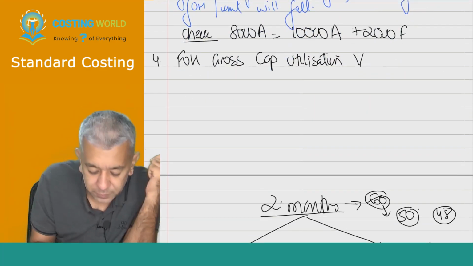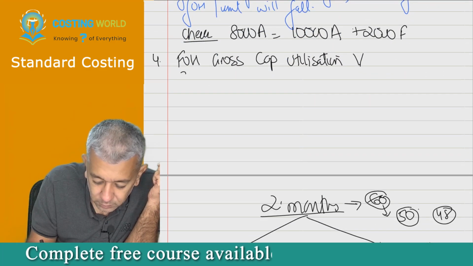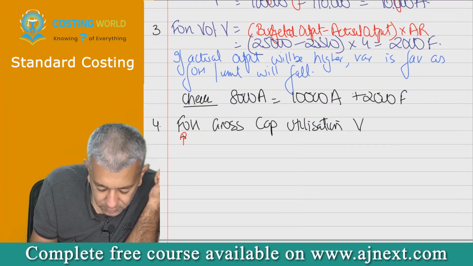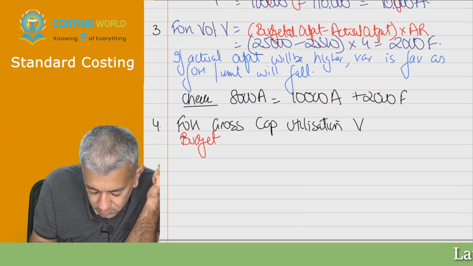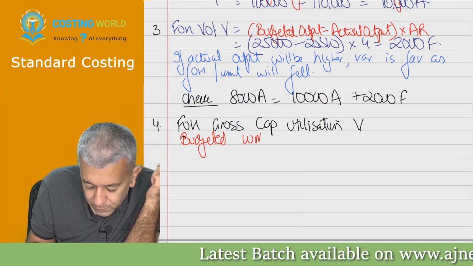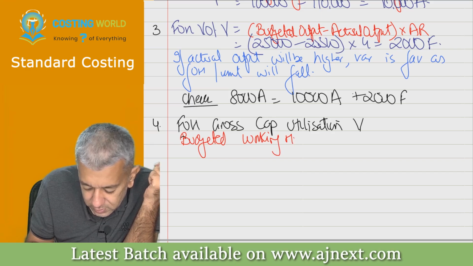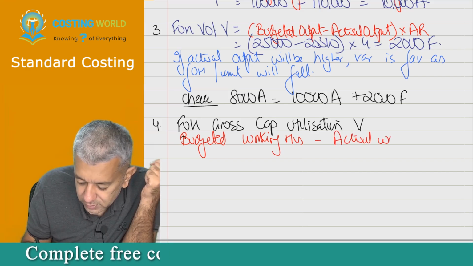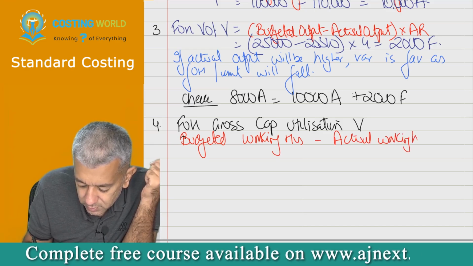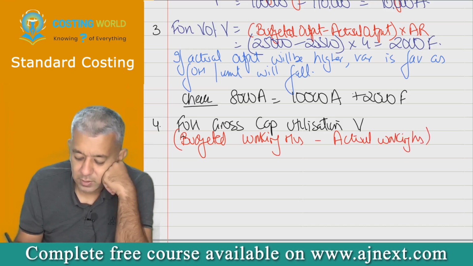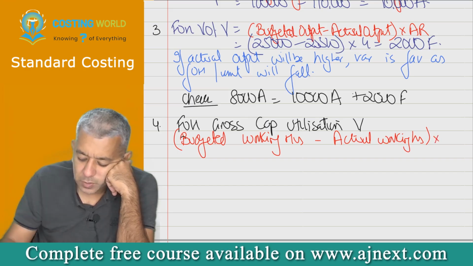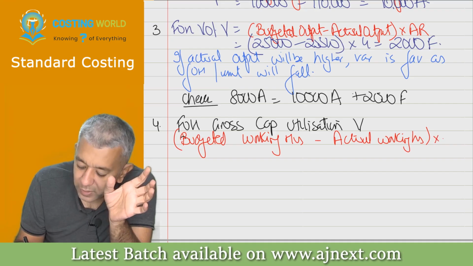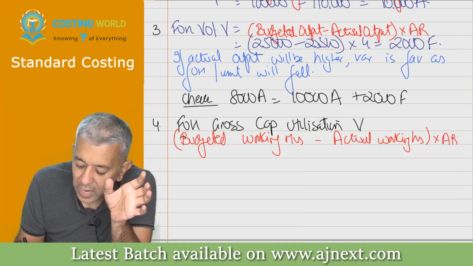So please write down. Budgeted working hours minus actual working hours. Now this difference will be in terms of hours. So please multiply by something that will convert hours into rupees.